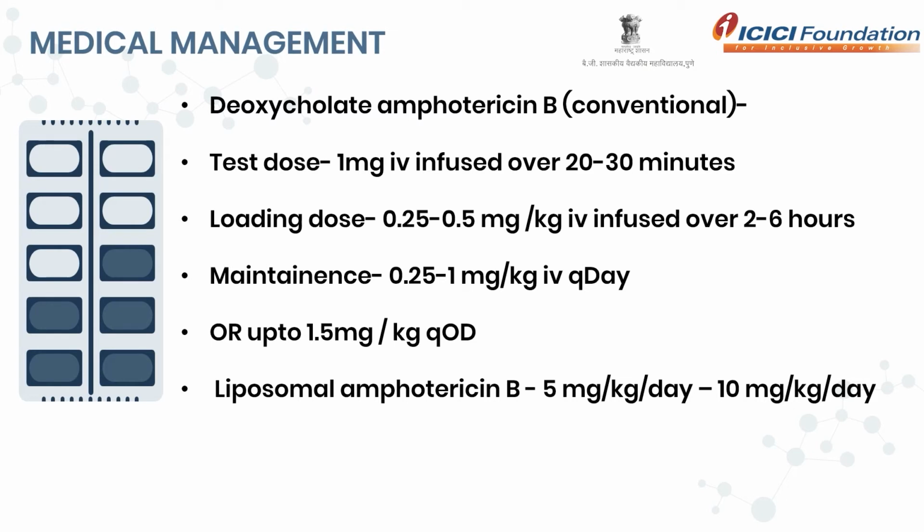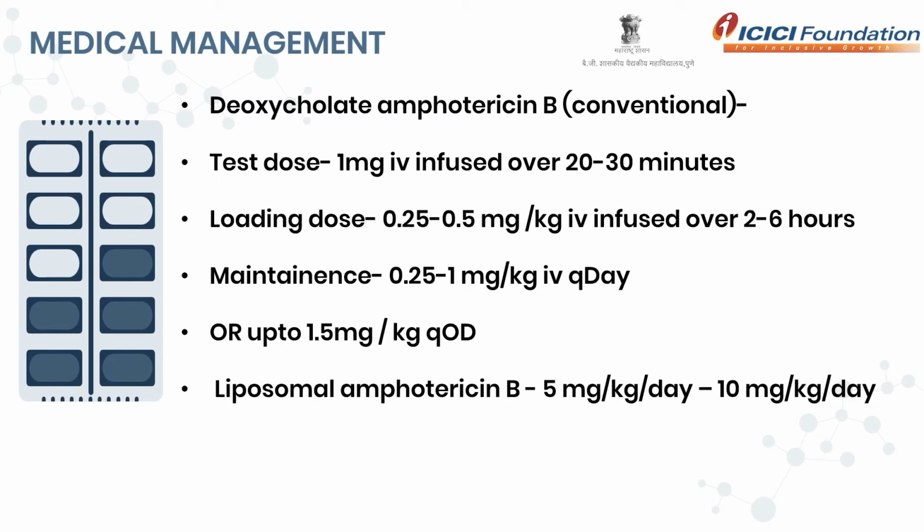Then we use the loading dose of 0.25 to 0.5 milligram per kg IV over 2 to 6 hours. Then the maintenance dose of deoxycholate amphotericin is 0.25 to 1 milligram per kg IV.